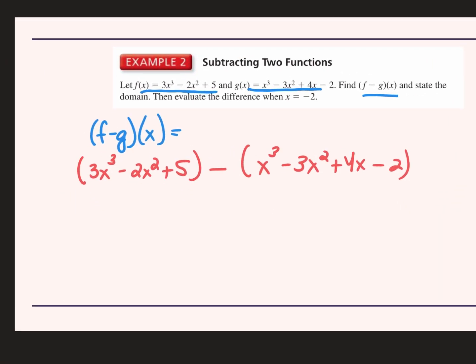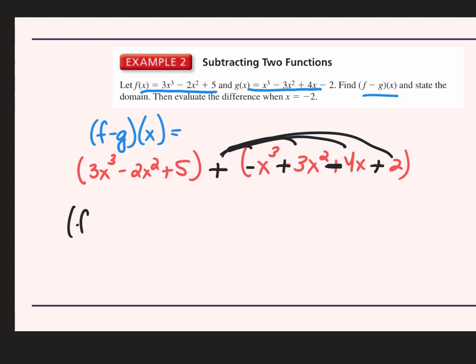Before I can combine like terms, what do I have to do with that minus sign in the middle? I have to distribute it. I have to distribute this negative sign to everything behind. What does that end up doing to all the signs? They're all going to change. So I'm going to change this to a plus, change that to a minus, change that to a plus, change that to a minus, change that to a plus. And now can we just go through and combine like terms?